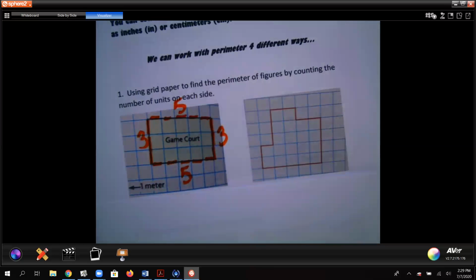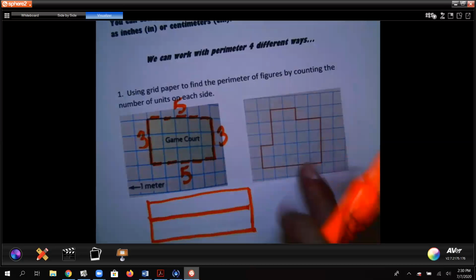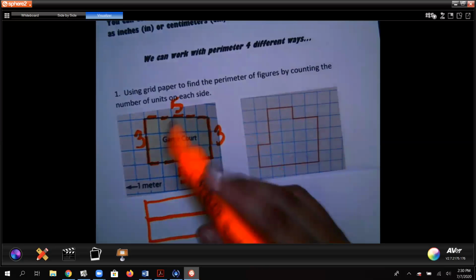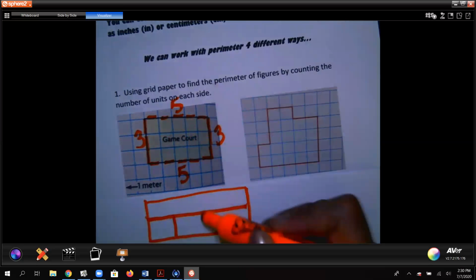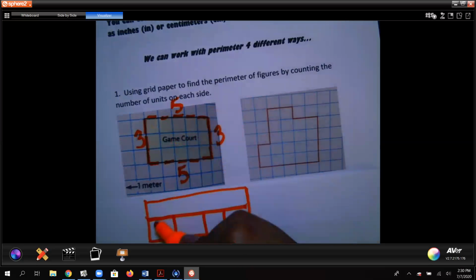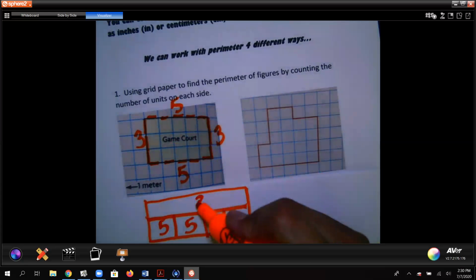Now we have to find the total perimeter by adding those side lengths. And as I said, let's use a part-whole just so you can see how that works together. We're going to have 4 parts in a part-whole because there's 4 sides. We have 5, 5, 3, and 3. And they want you to find the perimeter.